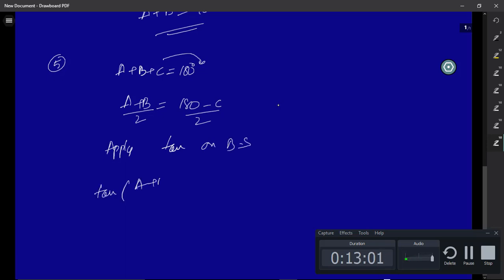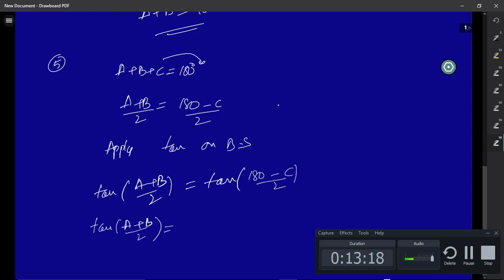I'm applying tan on the left hand side and on the right hand side. Tan of (A plus B) by 2 is equal to, this 2 I can distribute. This 2 goes under 180 also and it goes under C also, right?